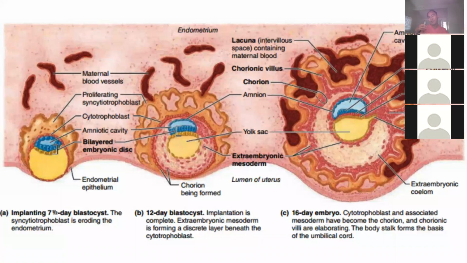So when a lady gives birth, you remember the water break. That is the amniotic cavity we are going to get.